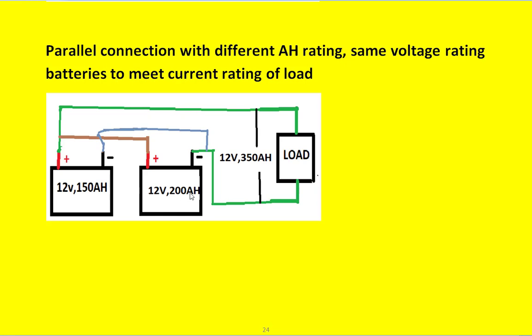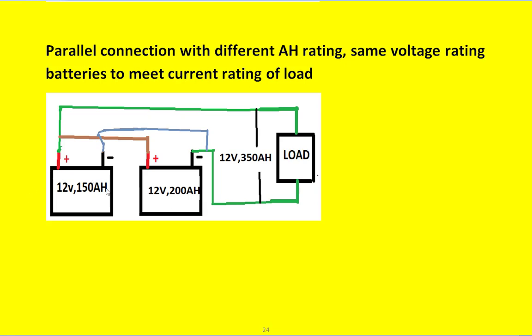It should not be something like a 5 Ah capacity battery, because it will face a problem, meaning we don't get the desired results here. So we should always choose batteries with the proper ampere hour rating and the same voltage rating, like this.